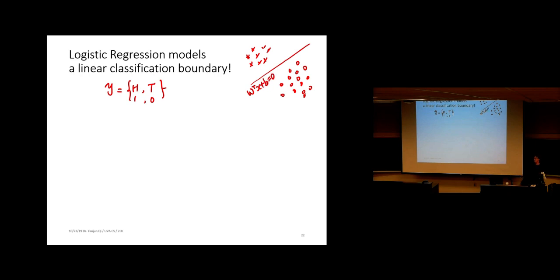This is the SVM case. We make the assumption that the boundary is 0, and then the left touching margin and right touching margin are minus 1 and plus 1, and we try to look for W and B from data. So that's the SVM case.